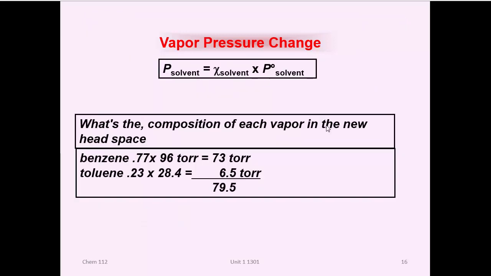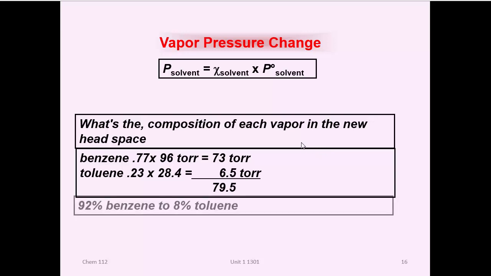So let's do it one more time, just to get the idea across. Now we get to the new headspace. It's 77%, 23%, and now you take it times the original vapor pressure. Now it goes up to 73 torr and 6.5 torr. You add those together, you get 79.5.